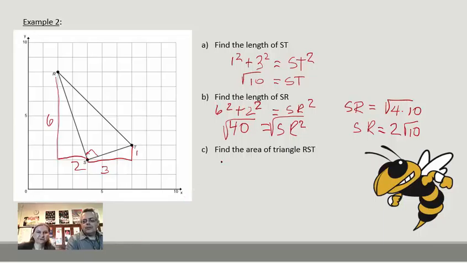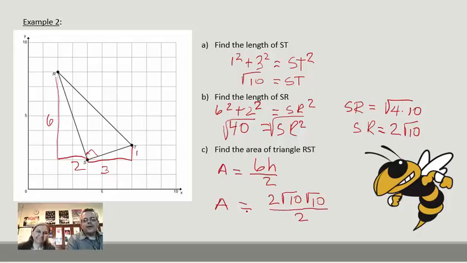Great, so we're ready for the area. Remember, one version of the area formula for a triangle is base times height divided by 2. If I substitute, let's use 2 square root of 10 for the base times the square root of 10 for the height, and all of that divided by 2.